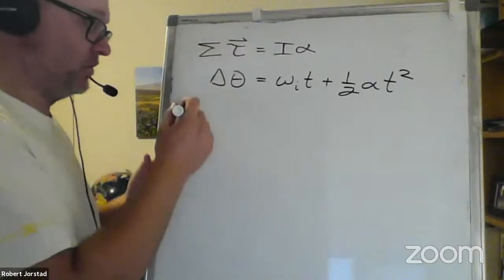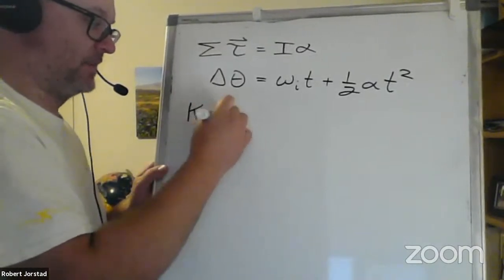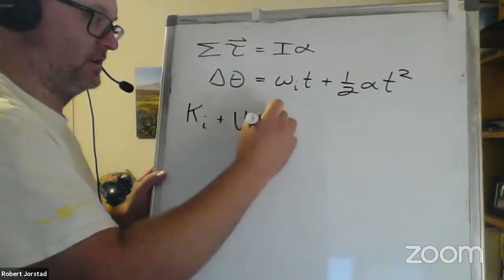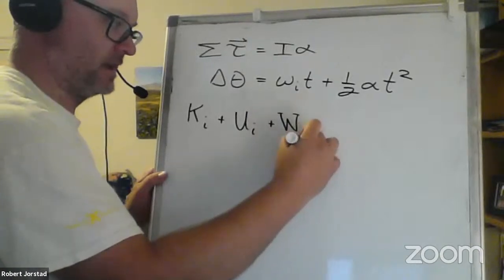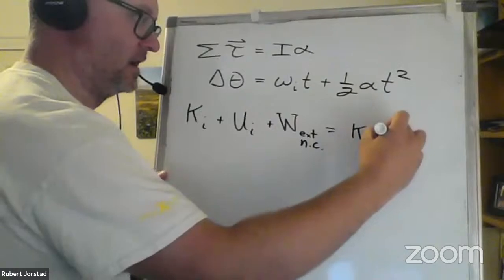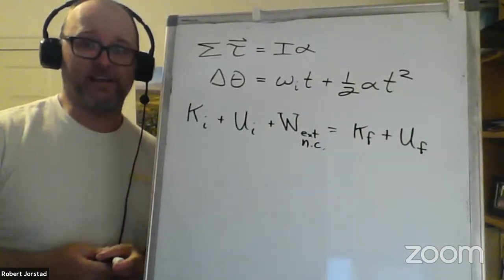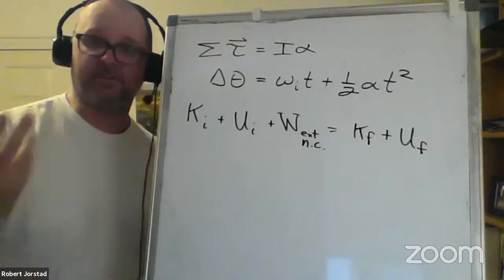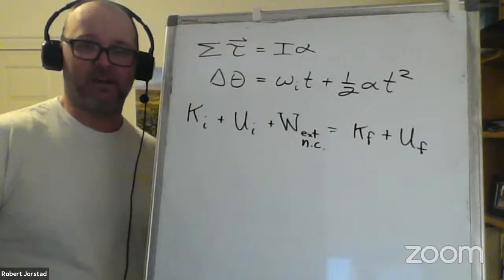Or we could do a new one: K initial plus U initial plus work external and non-conservative equals K final plus U final. We could use these different tricks to analyze things that rotate and learn something about them. That's the big picture of today's lecture.